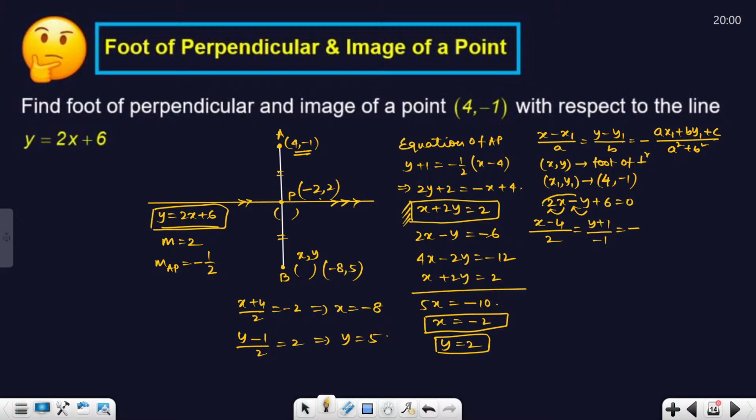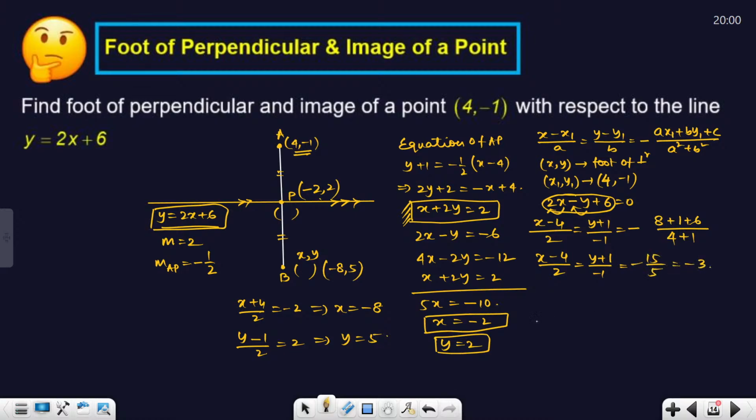In this expression, you simply put 4 comma minus 1. So it will be 8 plus 1 plus 6 divided by the square of the coefficient of x, that is 4, and the square of the coefficient of y, that is 1. So you are getting (x - 4)/2 = (y + 1)/(-1) equals minus 15 over 5.